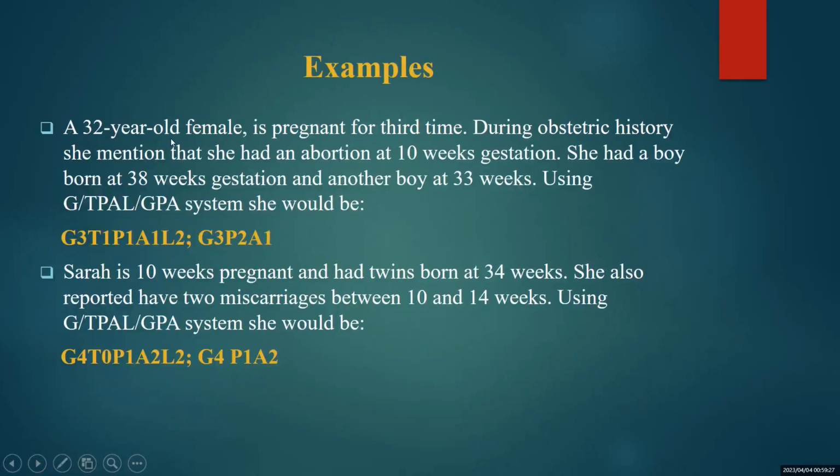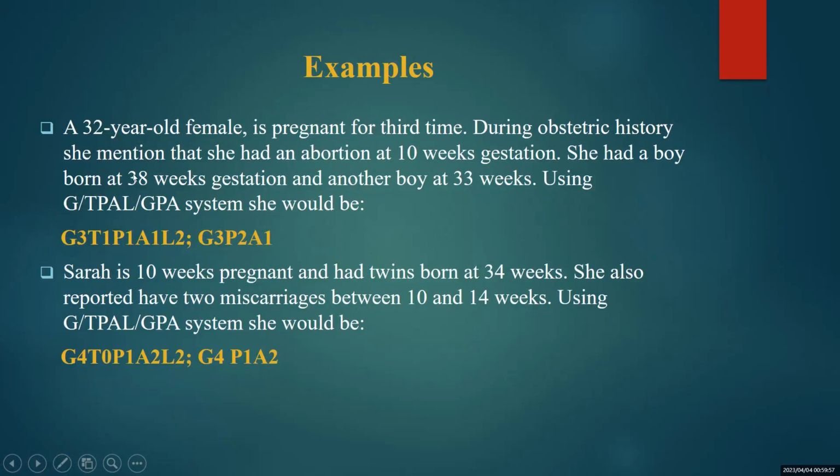A 32-year-old female is pregnant for the third time. During her obstetric history, she mentioned that she had an abortion at 10 weeks gestation, and she has had a boy born at 38 weeks gestation and another boy at 33 weeks. Using the GTPAL system, this is her third pregnancy, so she's G3.